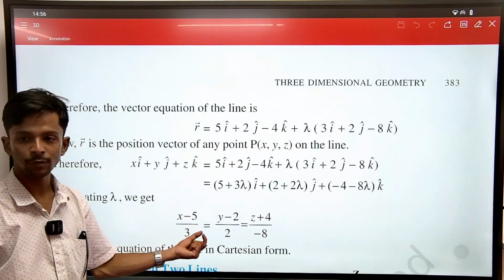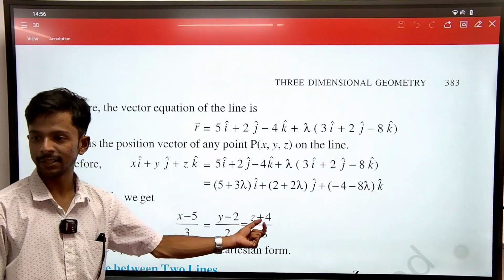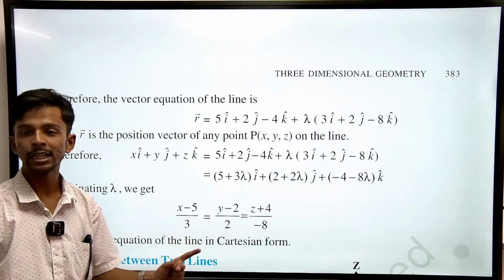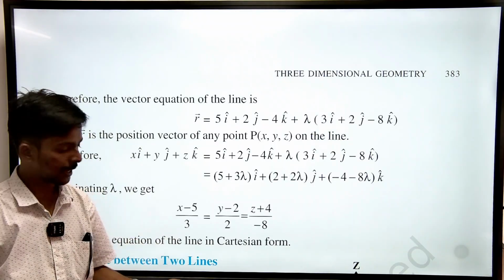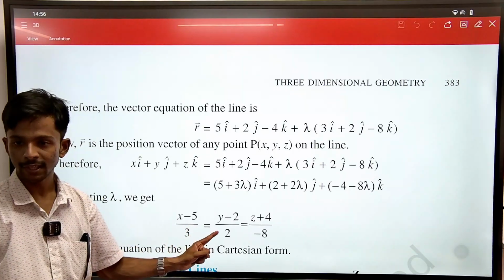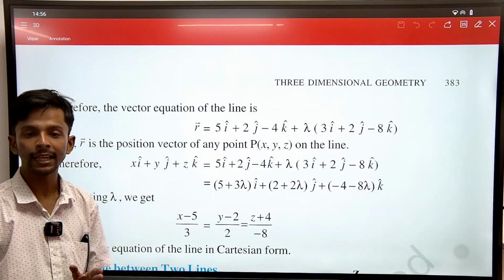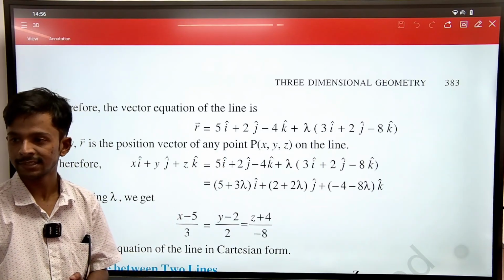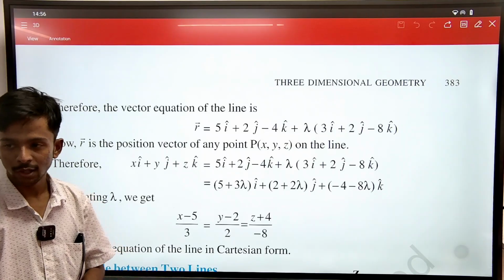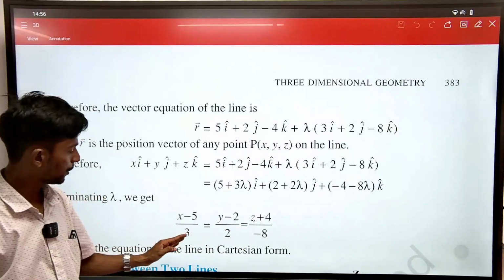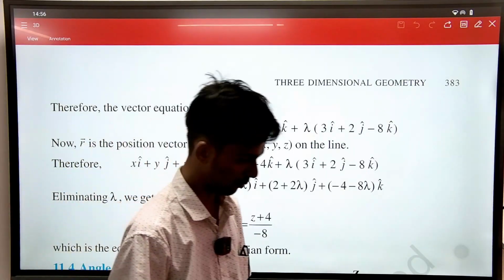So x minus x1, y minus y1, z minus z1 divided by a comma b comma c. x1 y1 z1 will be the point that is given, and this denominator will be your abc, given by the vector b, because b vector is nothing but a i cap plus b j cap plus c k cap, right? So x minus x1, y minus y1, z minus z1 divided by 3 2 minus 8.